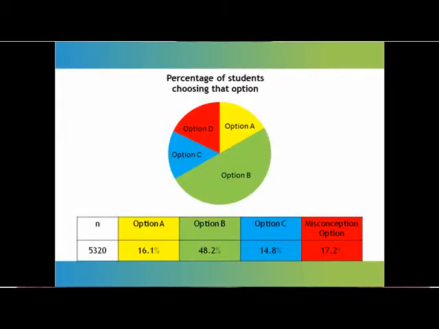This pie chart visually represents the data that we just saw. As you can see, the red portion representing the misconception is quite high. Around 17% of over 5,000 students who attempted this question have the misconception. The mistake here is that students write the HCF when asked to find the LCM and vice versa. Students probably know the procedure of getting the HCF but are still getting confused between both their terms.